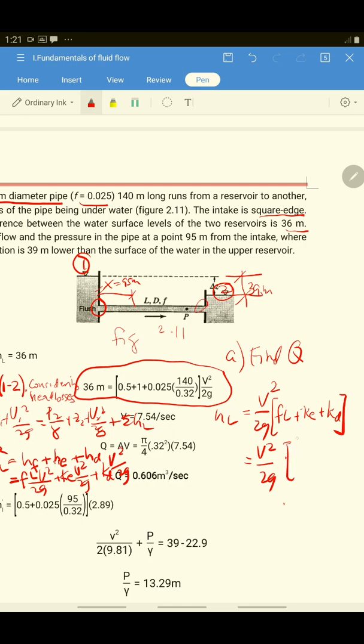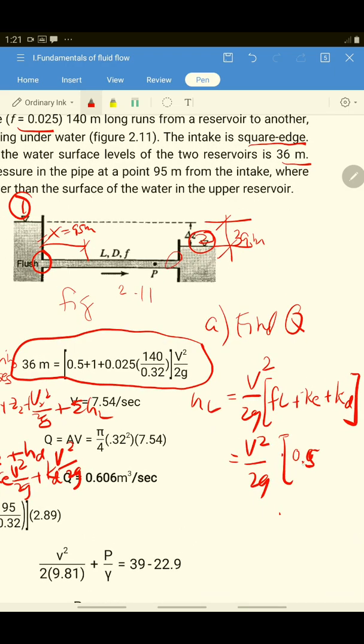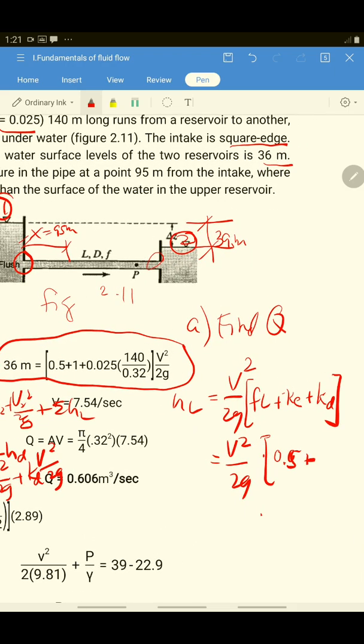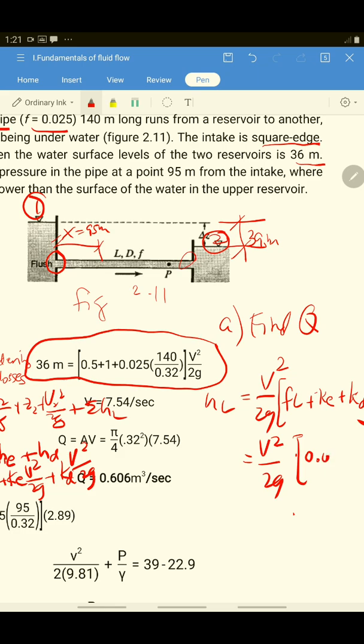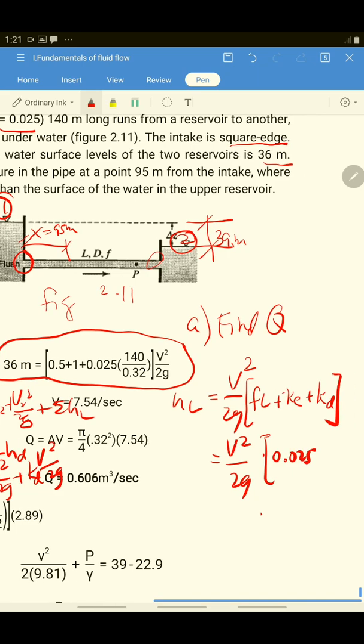What is the value of F? F is 0.025, times, what is L?